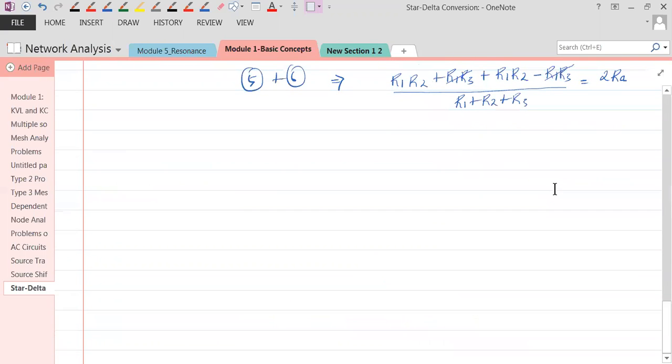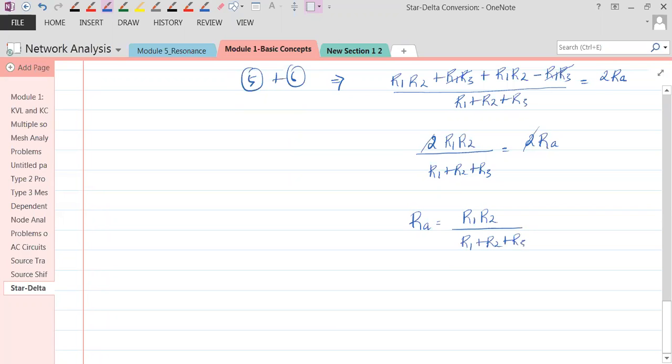What remains is 2 R1 R2 divided by R1 plus R2 plus R3, which would give you 2 RA, which implies that RA is R1 R2 divided by R1 plus R2 plus R3. This is how we can obtain our RA.